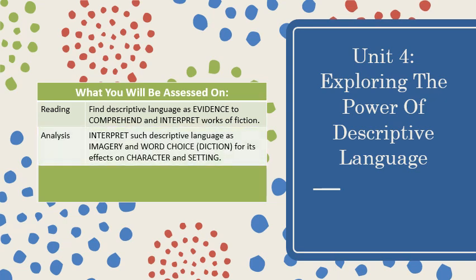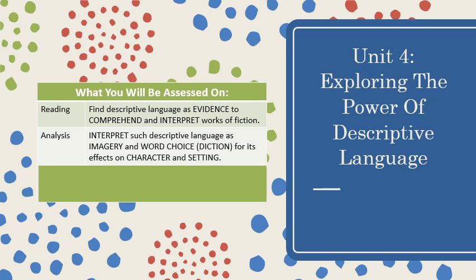For analysis, when we actually really get into the interpretation, I'm going to be looking for you to interpret imagery and word choice, which remember we use the word diction for word choice, and how imagery and word choice affect the character and the setting. So again, if you look at the things that are being said here, we worked on imagery in the previous unit.